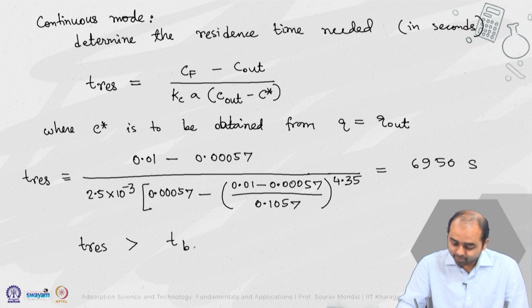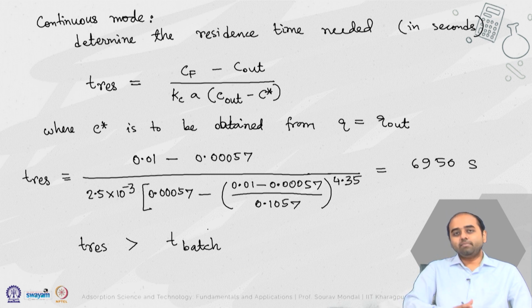It must be noted that this residence time is much larger than the batch time, where in the batch case this is the time needed to reduce the concentration from 0.01 to 0.00057.